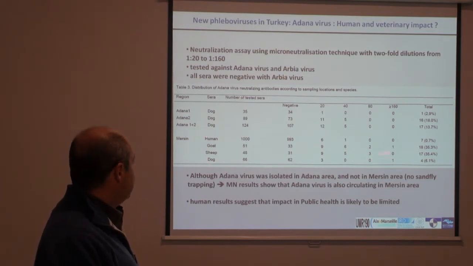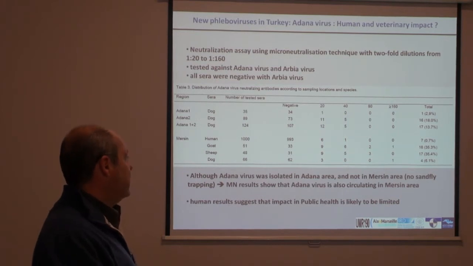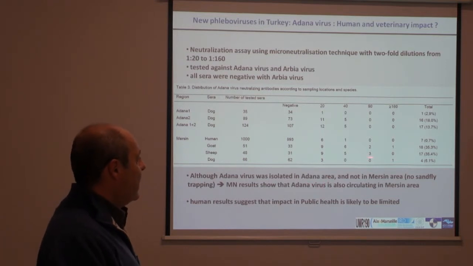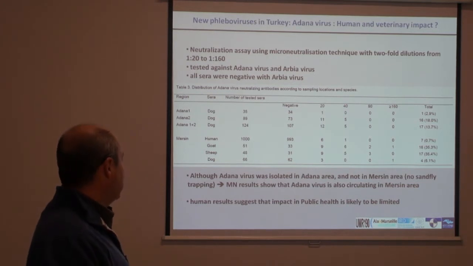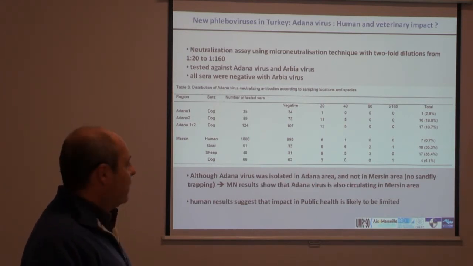What is very interesting is that these goat and sheep were not collected in Adana region, but in Mersin region, which is located west, as I showed on the map previously. So, although Adana virus was isolated in Adana area only, and not in Mersin area, because the trapping of sandflies was not done in Mersin area, the neutralization results show that Adana virus is also circulating in the Mersin area, so the area of circulation is quite large.